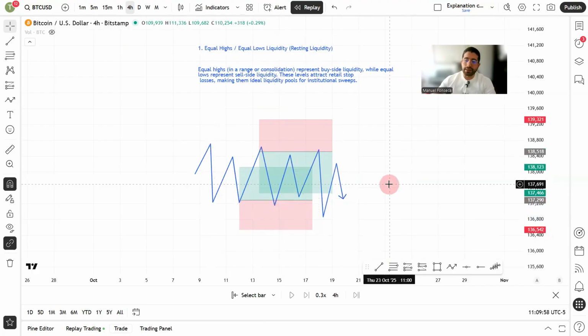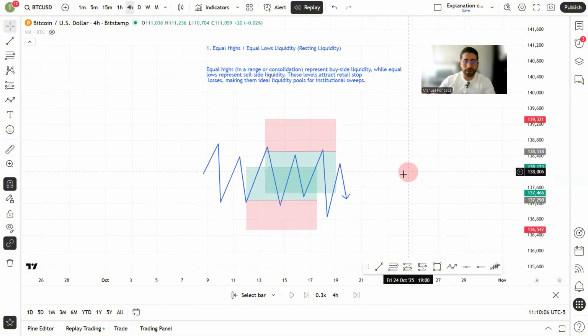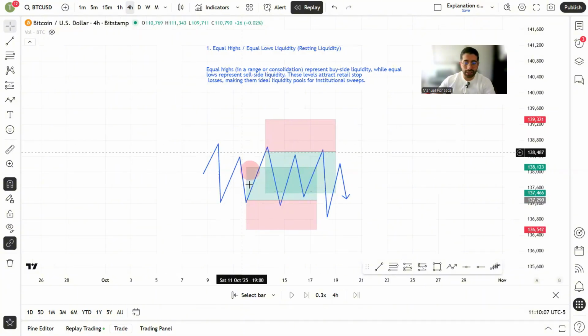This is easy to identify for most of us, and this is a trap, a liquidity trap, right? Because the price starts consolidating or creating equal highs and equal lows. That's the name of the pattern, right?